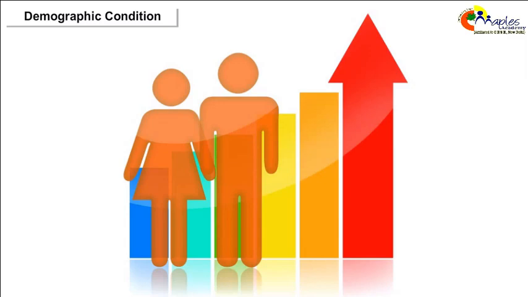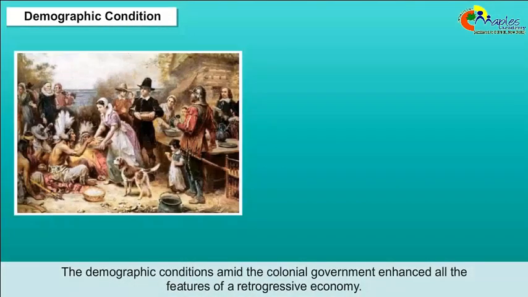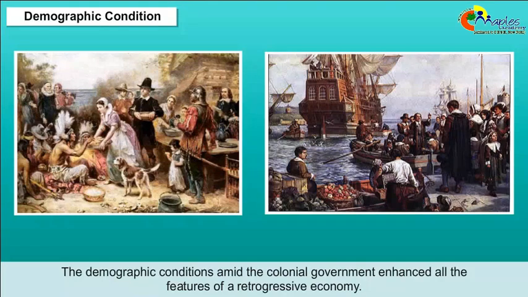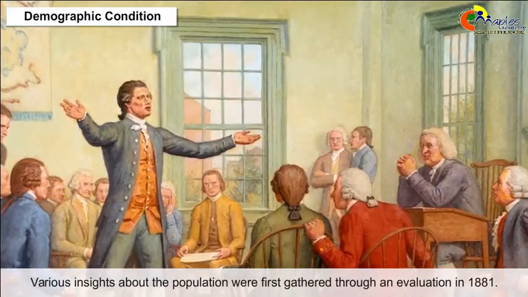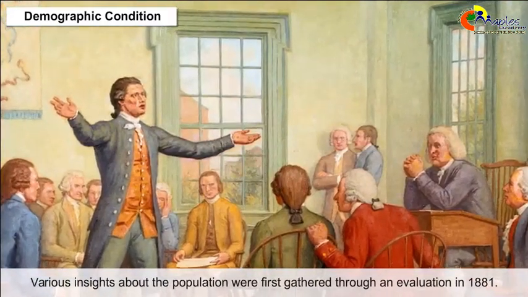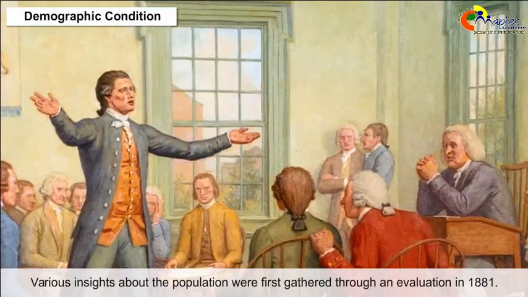Demographic condition. The demographic conditions amid the colonial government exhibited all the features of a retrogressive economy. Various insights about the population were first gathered through an evaluation in 1881.